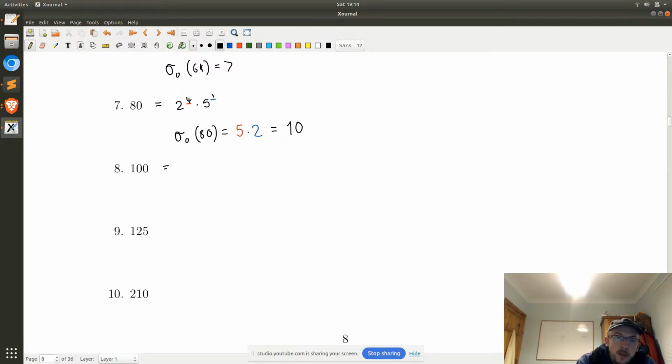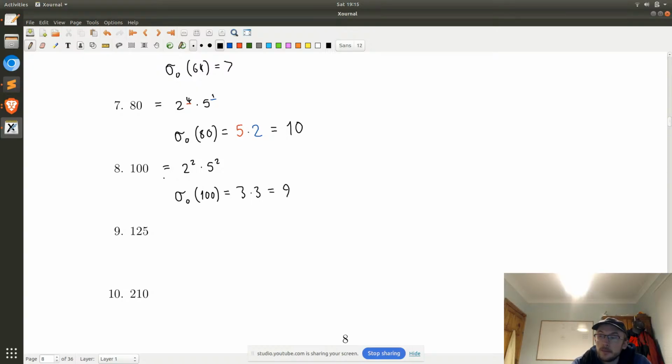For 100, we prime factorize it as 2 squared times 5 squared. So the number of divisors is 3 times 3, which is 9. That's how many divisors it has. It doesn't tell you what any of them are. We know trivially that 2 of the divisors must be 1 and n, 1 and the number itself.